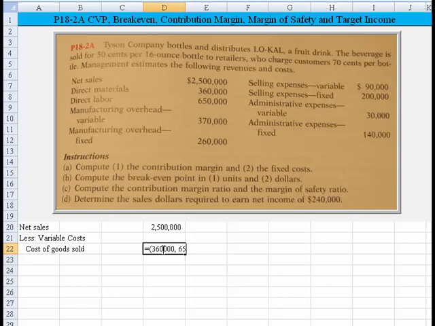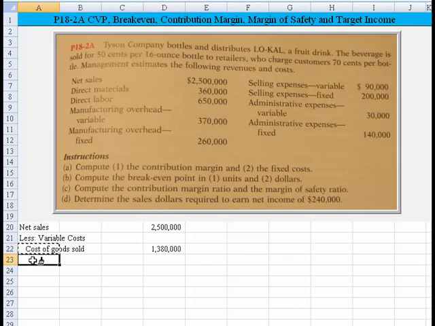Direct labor is 650,000. So all I'm doing is adding all these in, okay? We need to add in variable manufacturing overhead of 370,000. And I think that's it. That takes us to 1,380,000. Okay, so we add those 3 items.